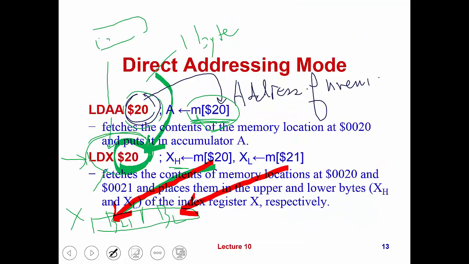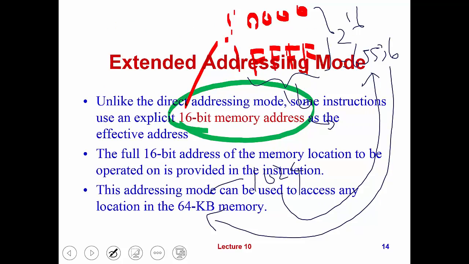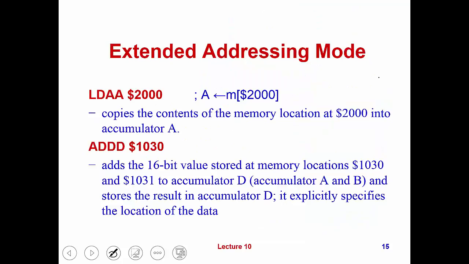Here we have 20. But if you have extended mode, like here we have 2000, this means we load the value at memory location 2000 into A. So the data value is still 1 byte, but the address is 2 bytes.